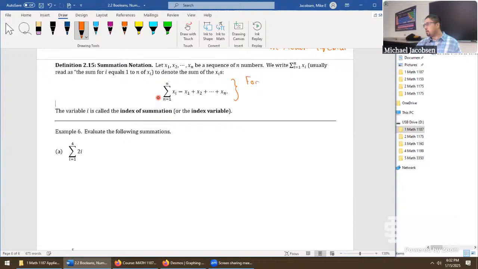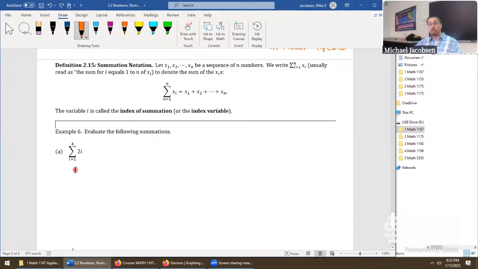This is usually read as the sum for i equals 1 to n of the xi values. And our author discusses some pseudocode around this. If you think in terms of for loops, if those are things you've programmed before, that's a great way to think about what's going on here. So I'll leave you to the reading on the pseudocode.